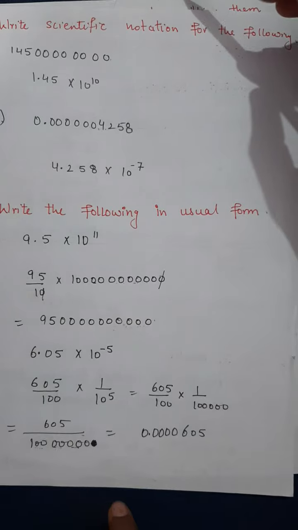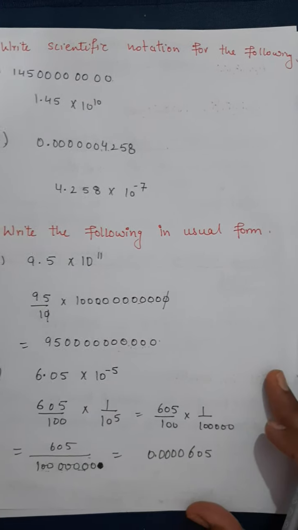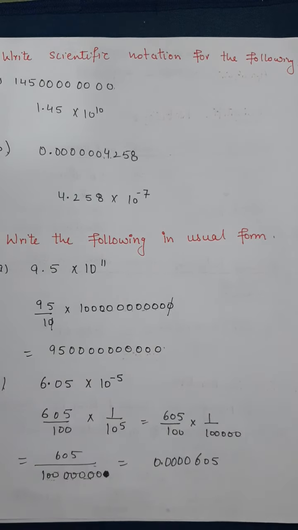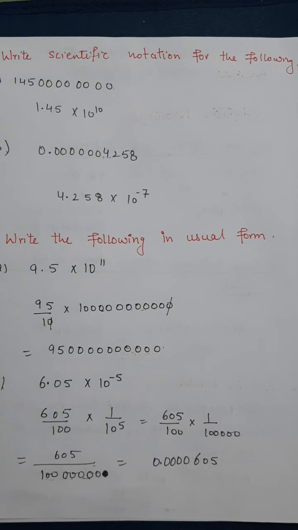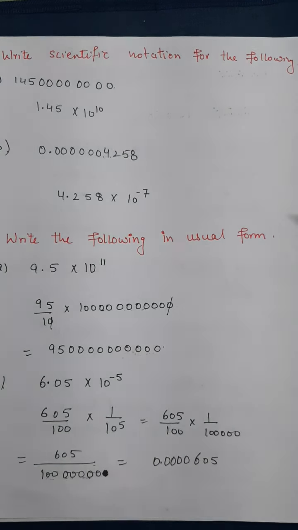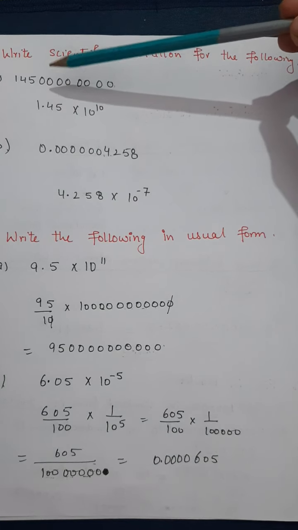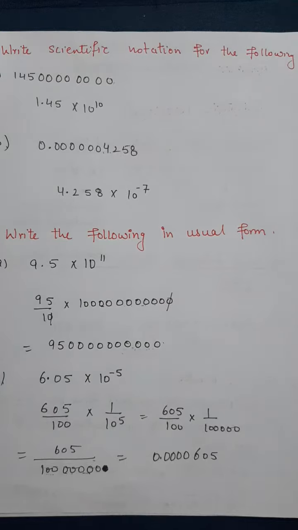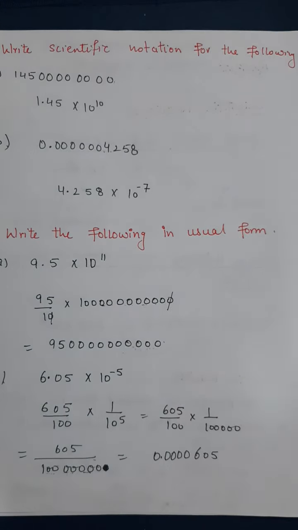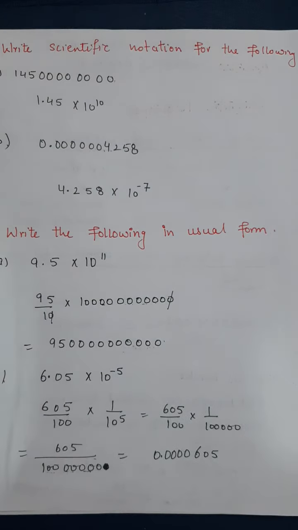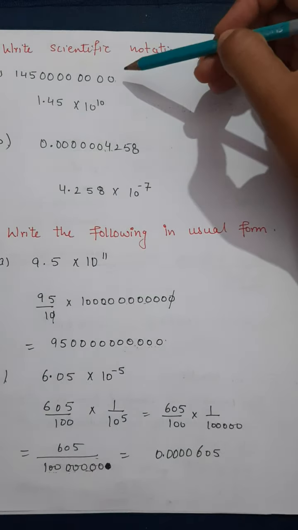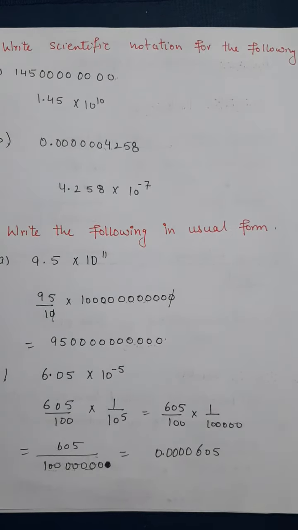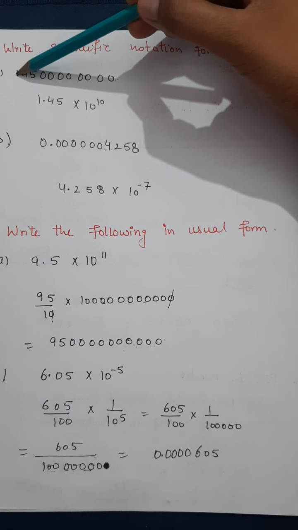Question number 2. Write the scientific notation for the following. First is 1, 4, 5, 1, 2, 3, 4, 5, 6, 7, 8. 8 zeros are there. Clear? We have to write it in scientific form. Same way you can write a decimal here, and here we need to take jumps to reach after the first digit.